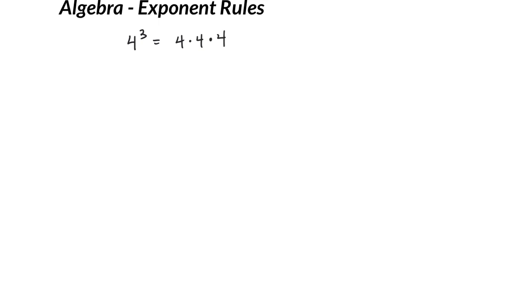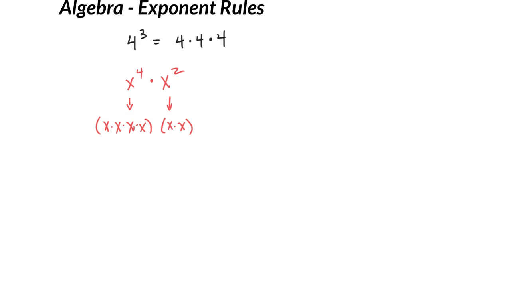That's what that means. Okay, so with that in mind, if I were to say, what is x to the fourth multiplied by x squared, you would think, well, this one means I have 4 x's multiplied together, and this one means I have 2 more x's multiplied together.